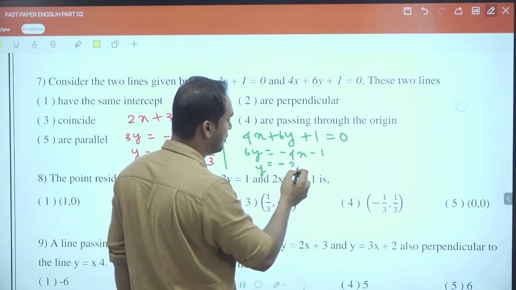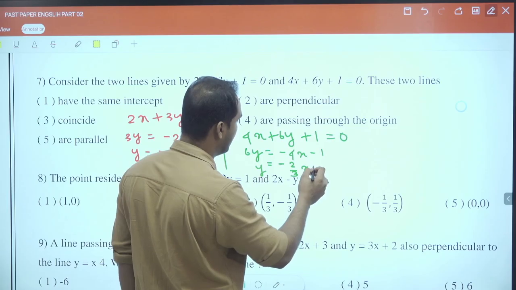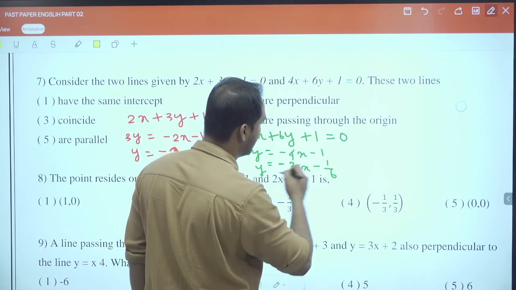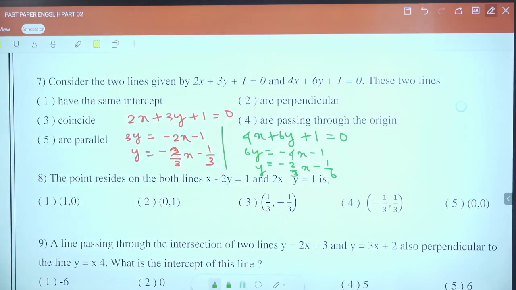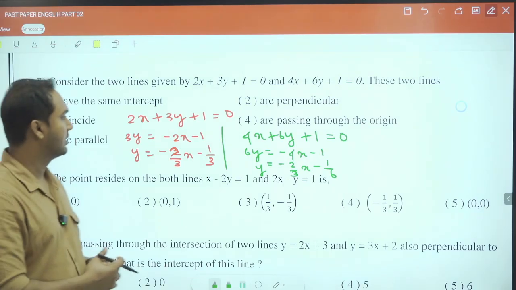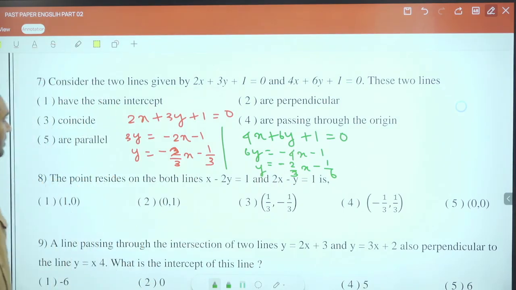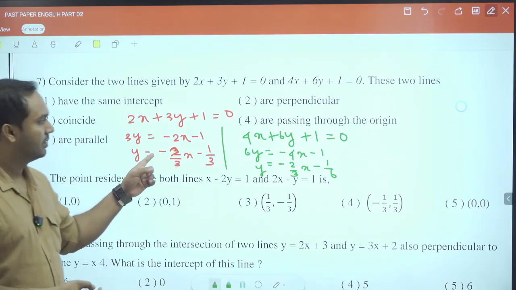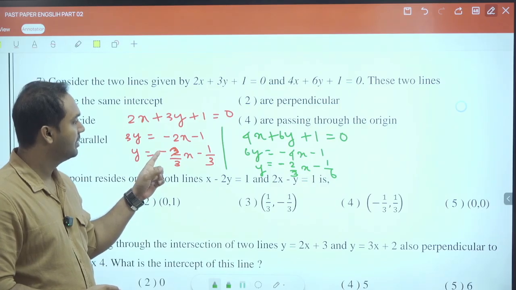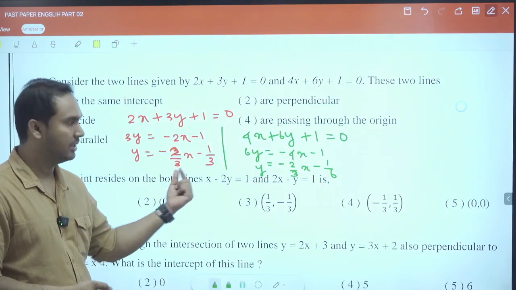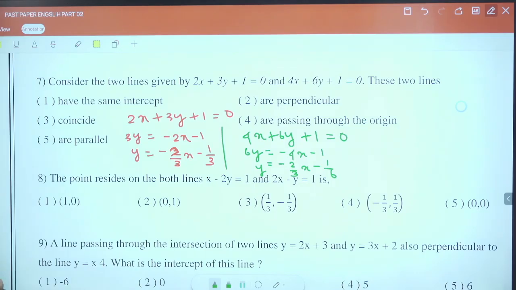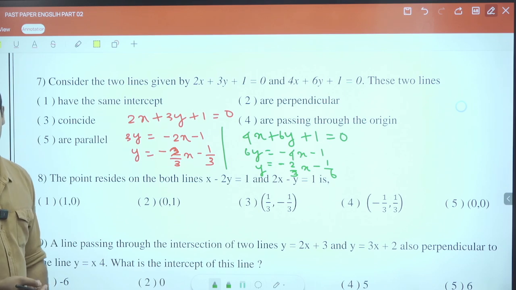So y equals minus 2 over 3 x minus 1 over 6. So these are the two final equations. Compare these two. Do they have the same intercept? Is it correct? No, it's not correct. Intercept is c, right? Are these perpendicular? If perpendicular, the slopes should be minus reciprocals. It's not the minus reciprocal, the slopes are equal. Third one, coincide. What is coincide?